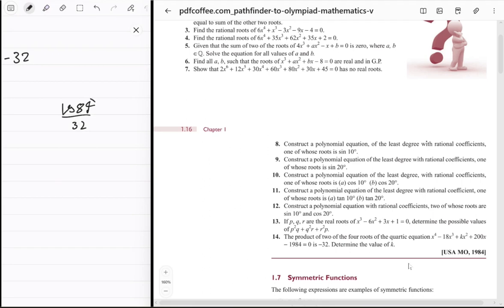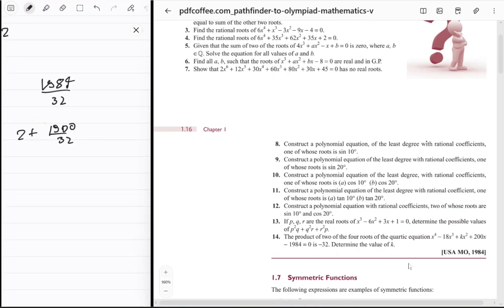Oh, that's like 2 times of that, but then you got 19 over there. That's weird. So you got 2 plus 1900 upon 32. So 4 can cancel that. Right, okay, so 19 times 25 upon 8. Come on, seriously. That's not nice.